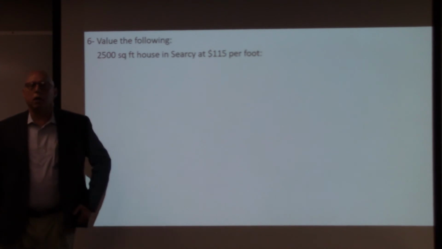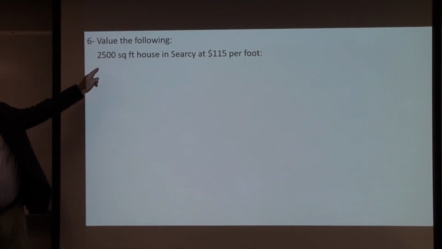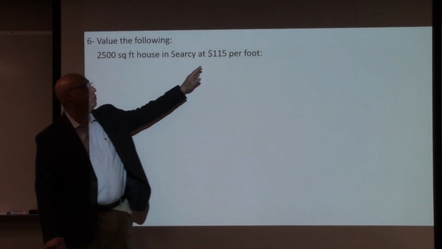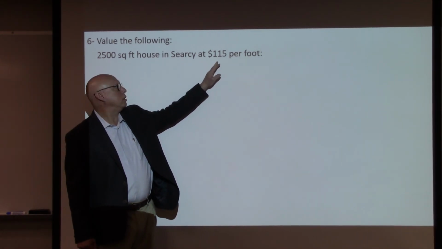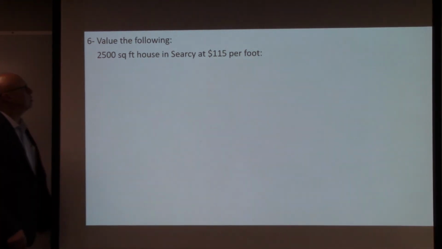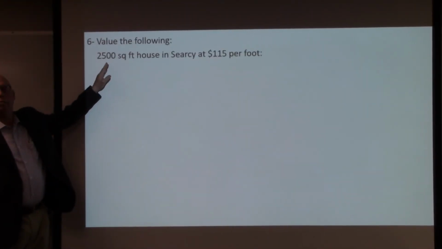All right, our last question here is to value the following. So I looked online, went to Zillow to see what the average price per square foot is for a good quality home. And in Searcy, I found out that the average price per square foot for a good, slightly above average quality home is $115 per foot. 2,500 square feet is a good second type house.